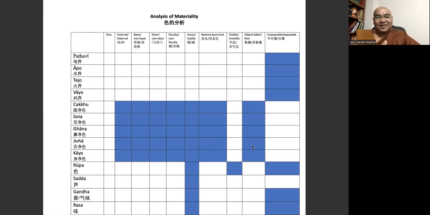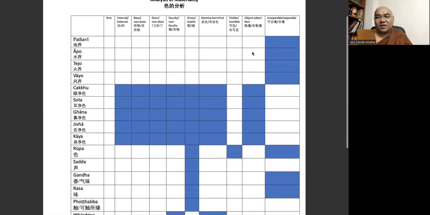So that is the difference among these five object taker groups. Jaku and Soda, eye and ear, can take distant objects, but the nose, tongue, and body take only very close objects.